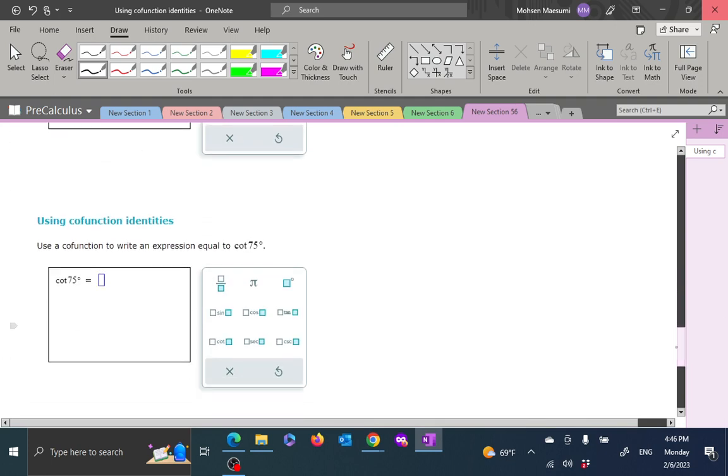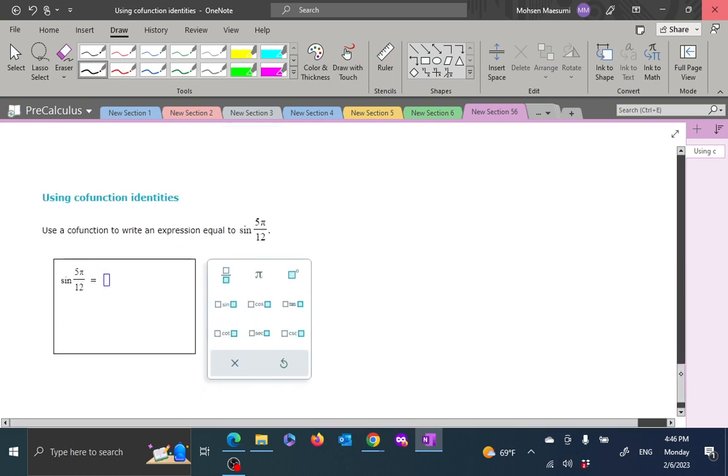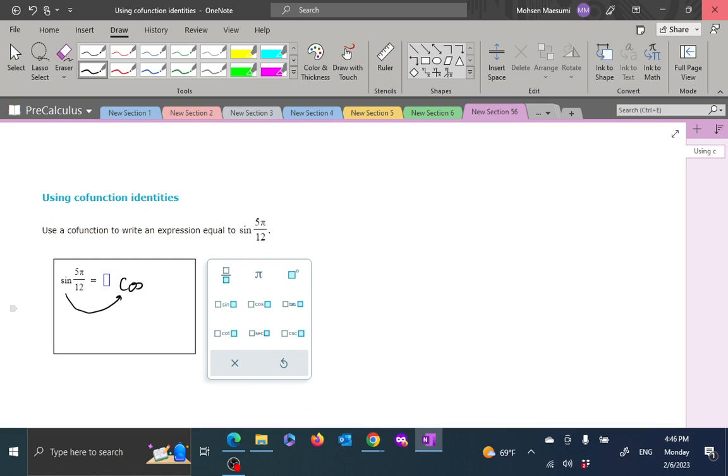How about cotangent? Well, the cofunction is tangent, and the angle is 15 degrees. We are going to see these angles often later on. But how about sine? Final example, sine. Cofunction is, of course, cosine. How about the angle?